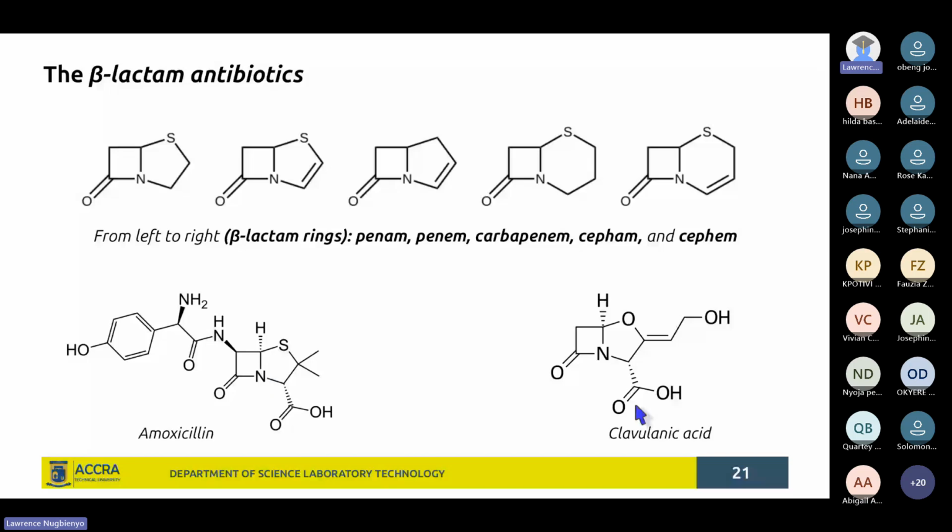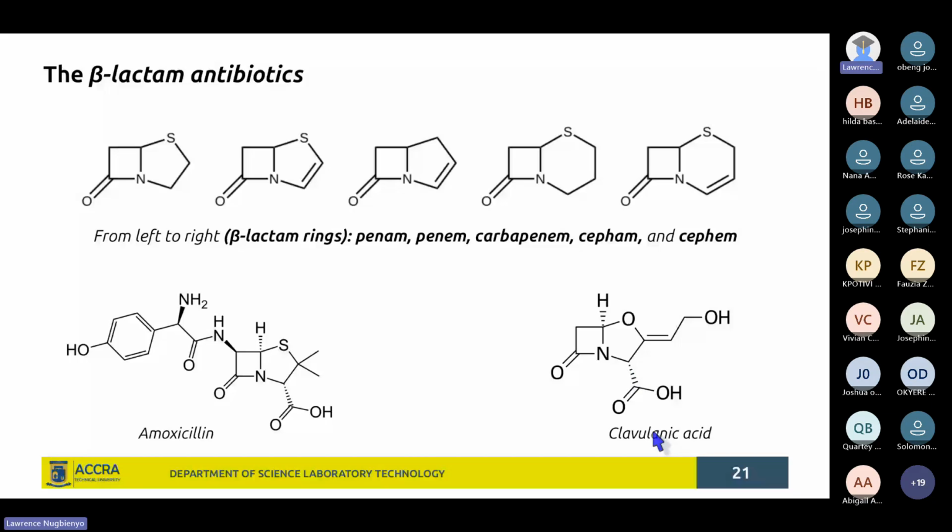It's a combination of amoxicillin and clavulanic acid. That combination is done in order for the drug to deal with antibiotic resistance, because clavulanic acid is able to augment the function of amoxicillin.